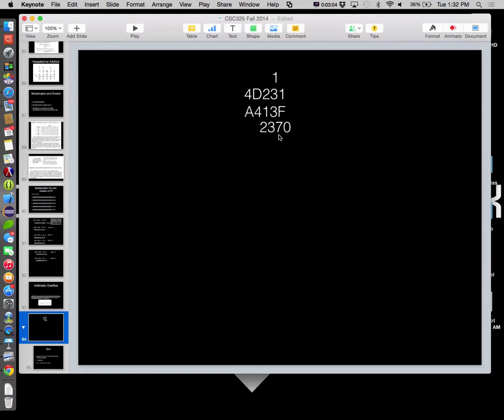That's a 2. Carry the 1. A plus 4 plus 1, that's 10 plus 4 is 14. Plus 1 is 15, which is a what? F? That's the right answer. F2370.